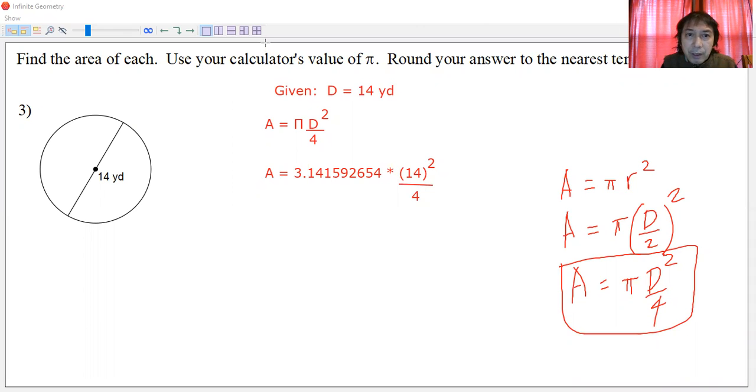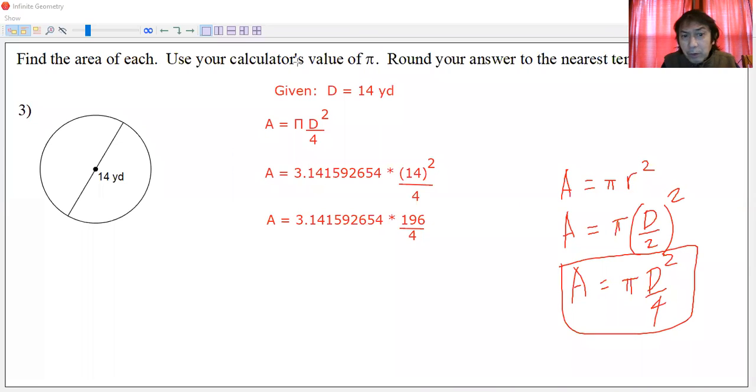And so we shall have here area is equal to the value of pi times 14 squared, which is 196, and then divided by 4. 14 squared is 196.